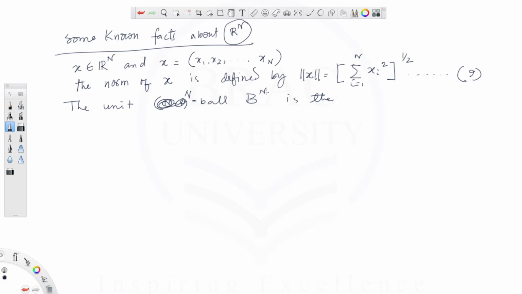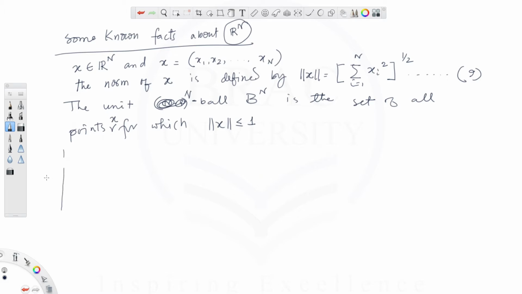The unit n ball is the set of all points X for which the norm of X is less than or equal to 1.